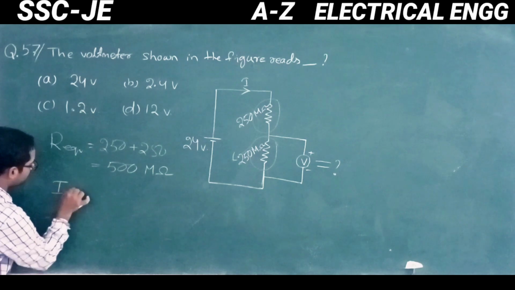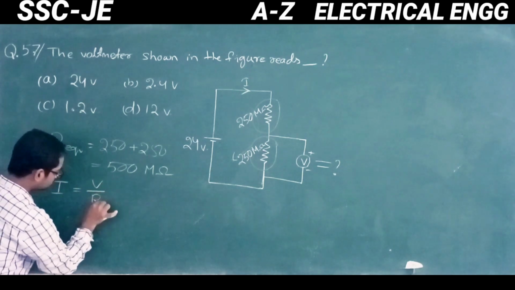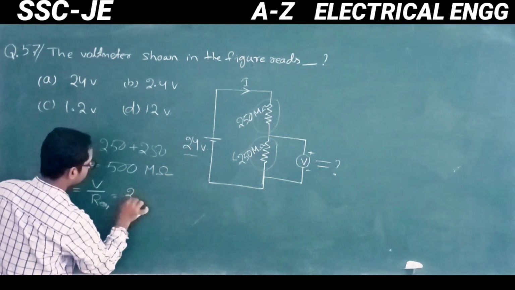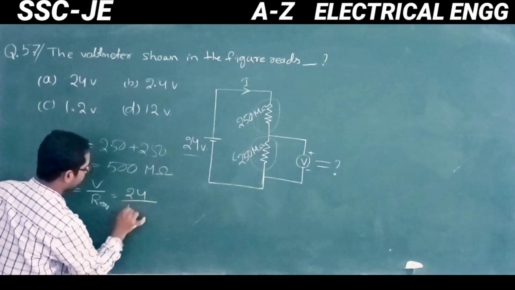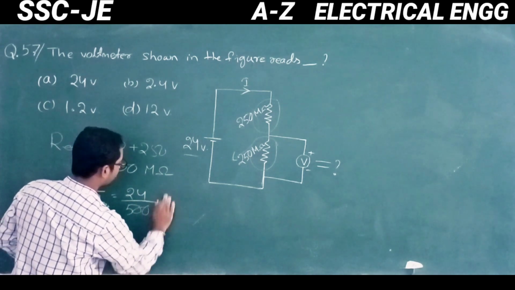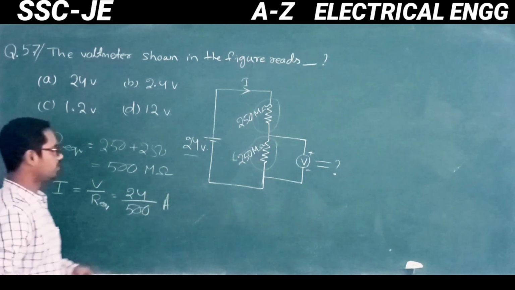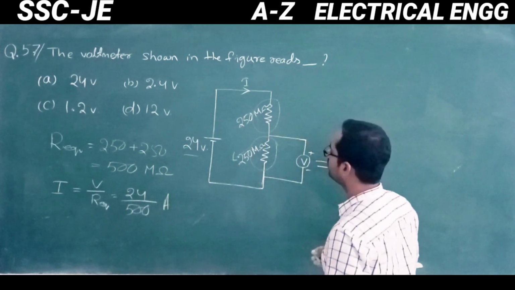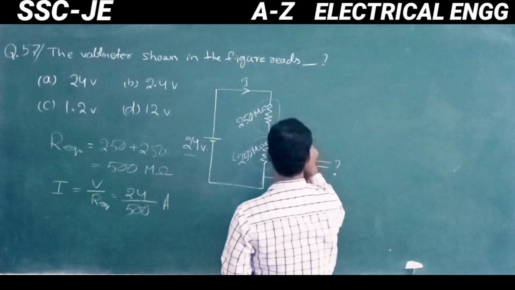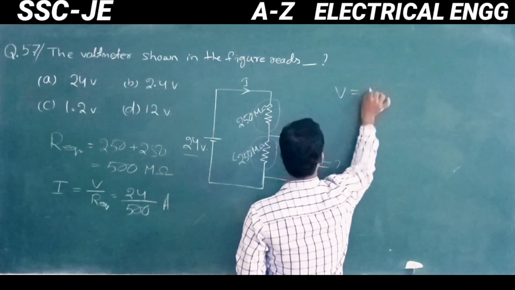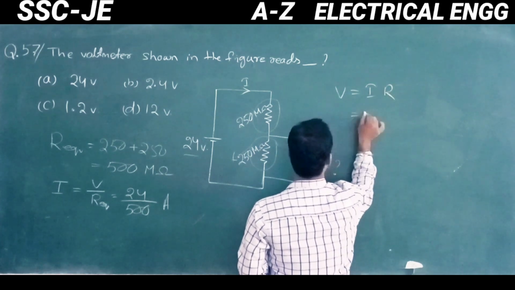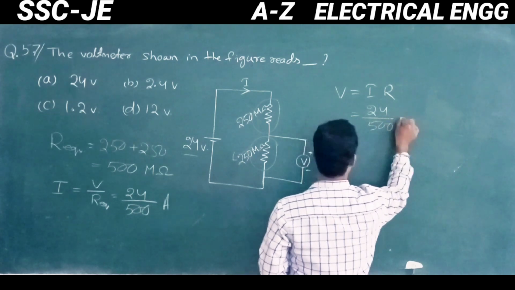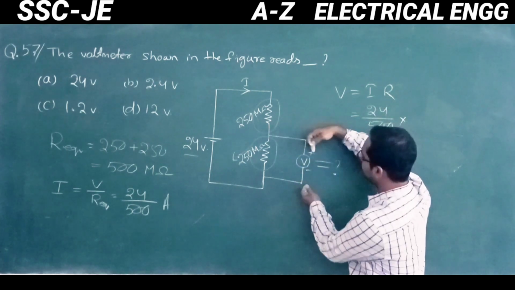So the current value I will be V by R equivalent. So V is 24 volt, 24 divided by 500, this is in ampere. Okay. So no need to solve the total question, only the fractional value you can put here. Then the voltmeter reading formula is V equal to I into R, and we found the value, it is 24 by 500 into R, where R is the voltmeter connected here.